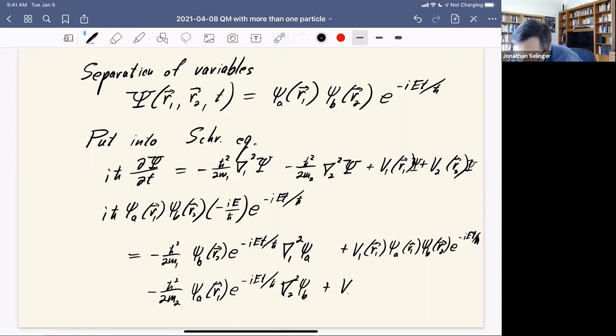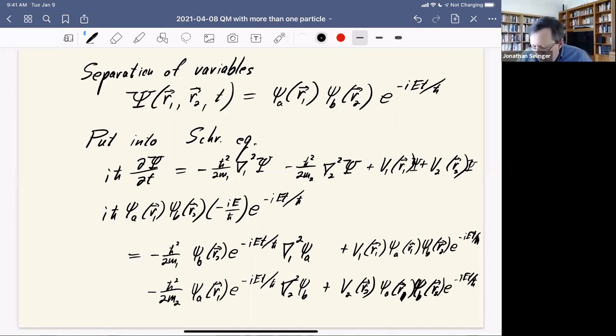And the other term I'll put down on the last line. V2 of R2 psi A of R1, excuse me, psi B of R2 e to the minus i energy t over h bar.